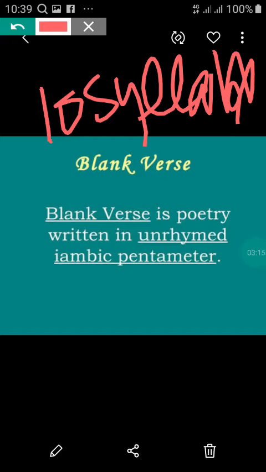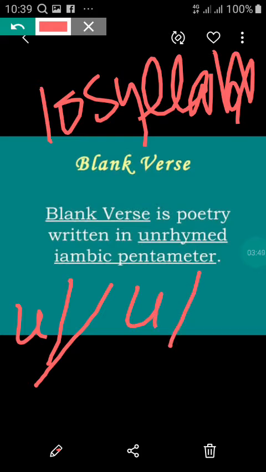Unstressed, stress, unstressed, stress. So the first syllable will be unstressed, the second will be stressed. Stress is accented, unstressed is unaccented. Unstressed, stress, unstressed, stress, unstressed, stress. So look, unstressed, stress, it's one foot.